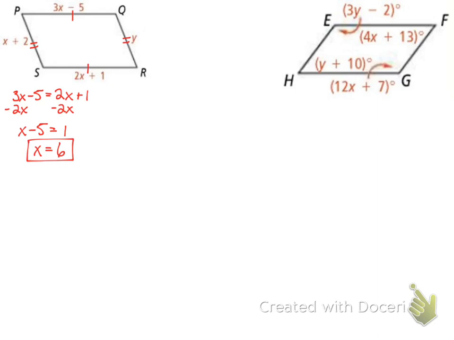Once I find that, I would know that this side over here is going to be 8, and so I would know that y would have to equal 8. My other equation would be y is equal to x plus 2. If I know that x is 6, then y would have to equal 8.